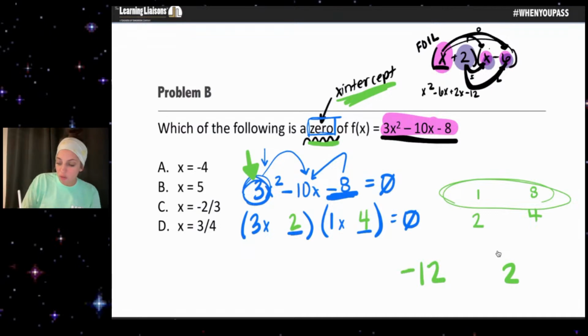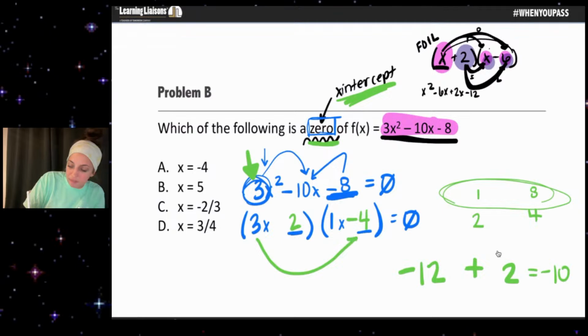The 12 would have to be negative. The 2 would have to be positive because negative 12 plus 2 equals negative 10. So how am I going to make that 12 a negative? By making the 4 negative, because 3 times negative 4 is negative 12 plus 2.